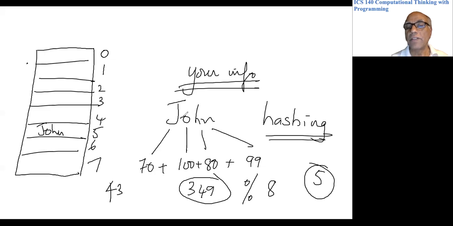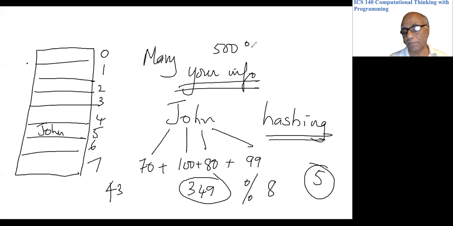Then if Mary comes along, maybe when I add up all the code points of Mary's name, it gives me, let's pretend, 500.